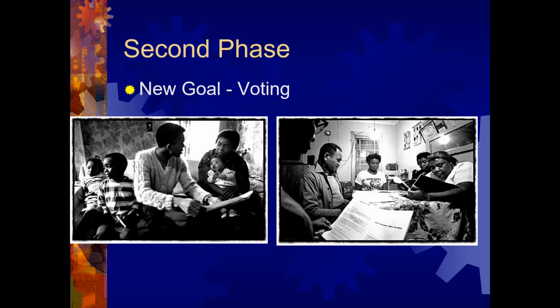They would talk to them about the Constitution and their rights under the Constitution. They would talk to them about history. They would talk to them about how to balance their checkbook if they wanted to. Pretty much whatever the local people wanted, they would help them with.